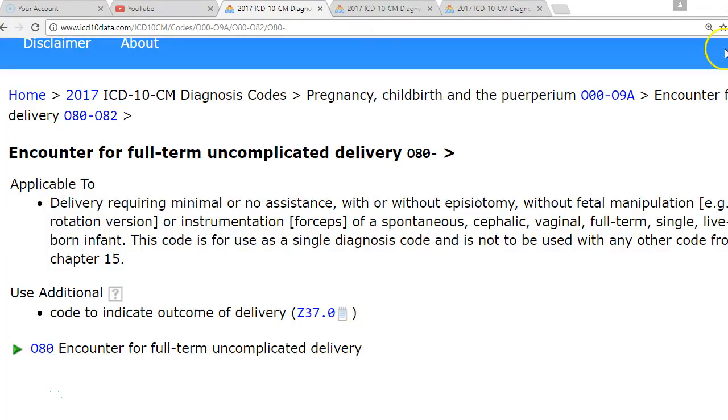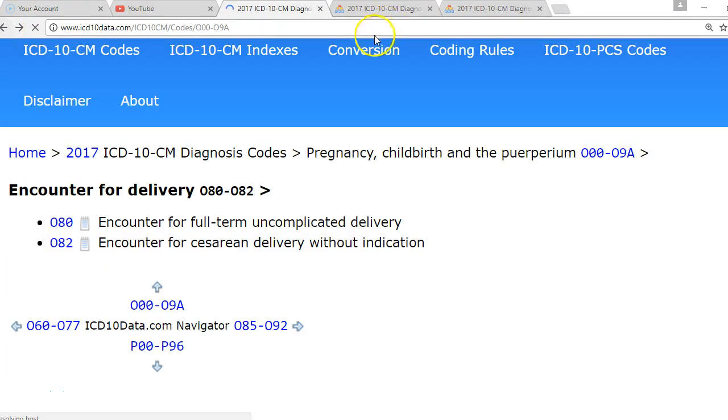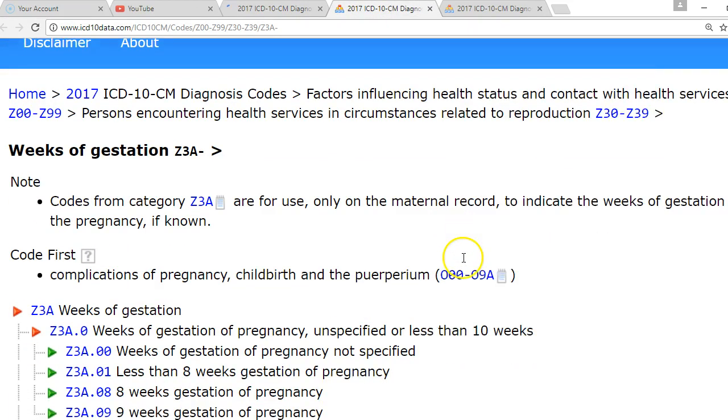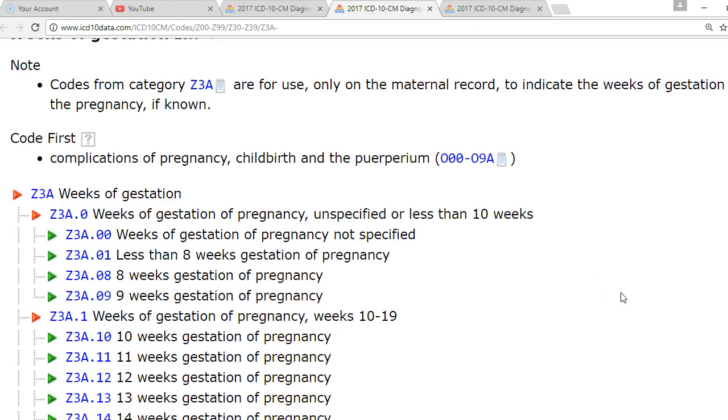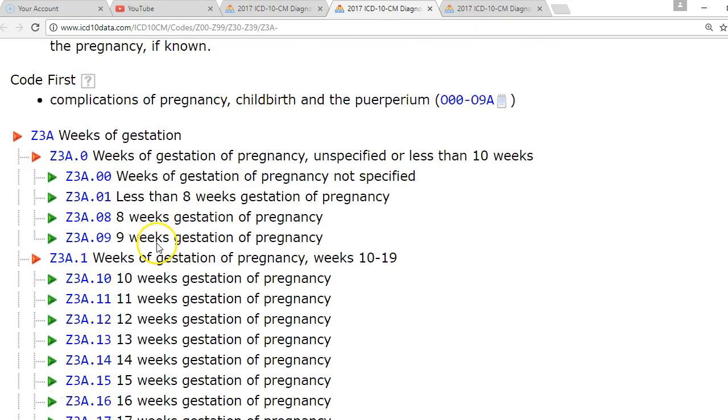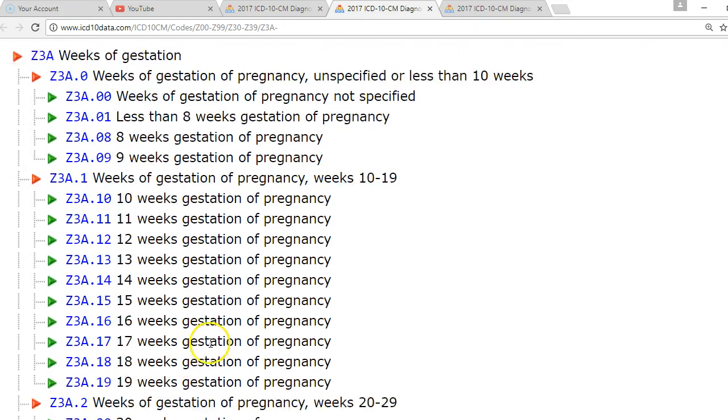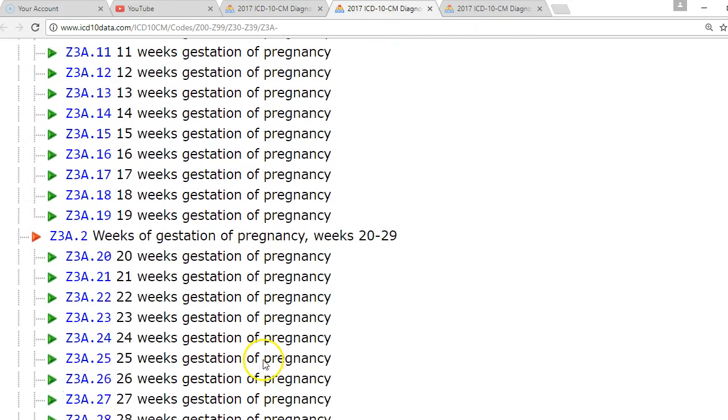So let's look at some of these codes. So I wanted to look at the Z3A. Again, the Z3A codes are never coded first. We always code the complications of pregnancy, childbirth, and the puerperium with the weeks of gestation. And then, again, as we go up in gestation, we go up numerically.